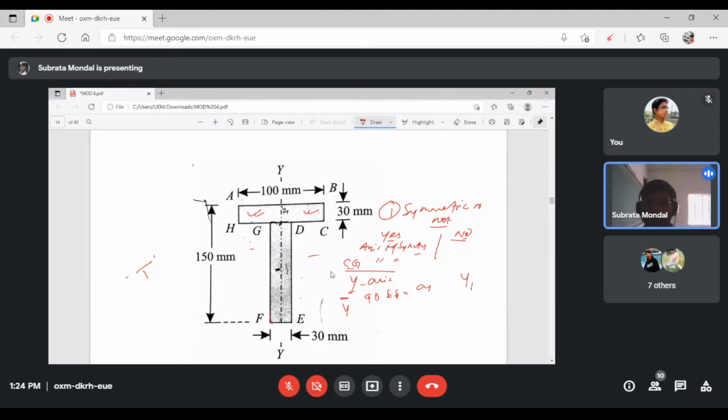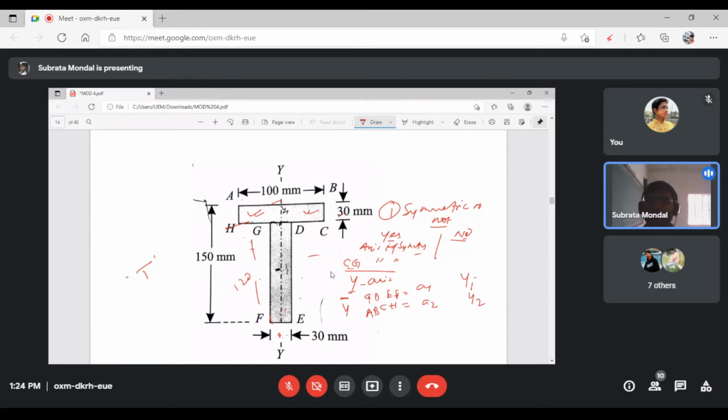In the same fashion, you have to calculate A, B, C, H. That is area 2 and Y2. Area 2 you can easily get. That GF length is 120 and it is 30, so just multiply it. For A2 it is 120 into 30.